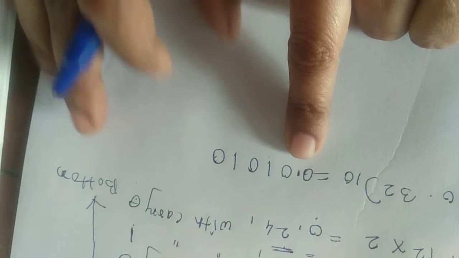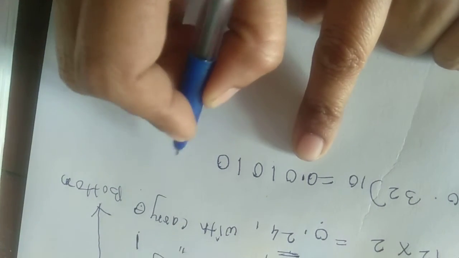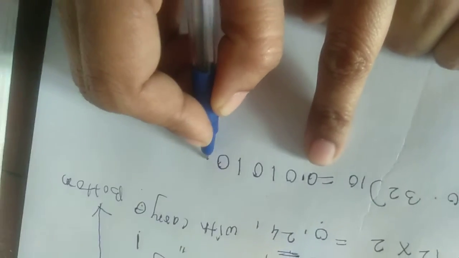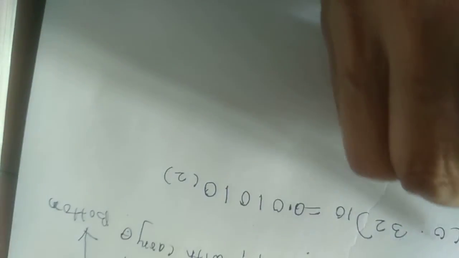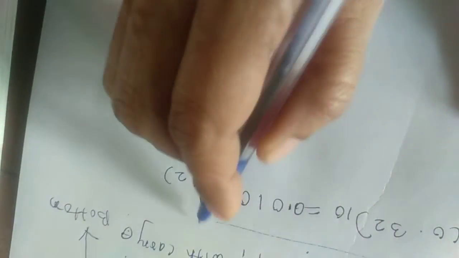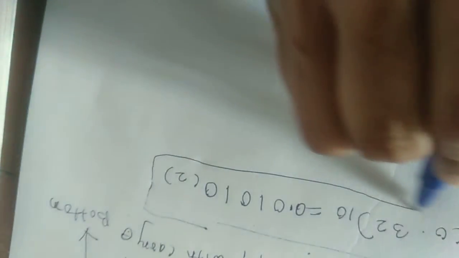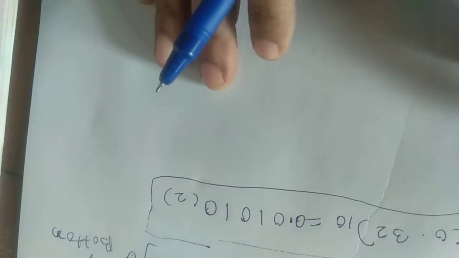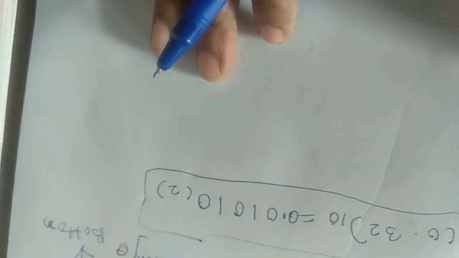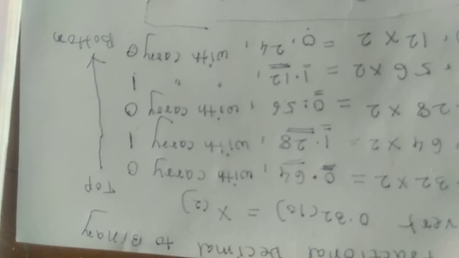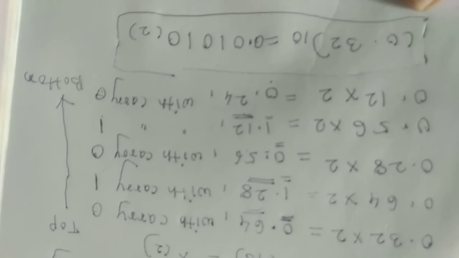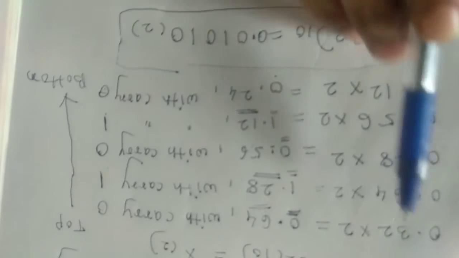So I will write the point again, and since the required answer is in binary form, I will enclose this in brackets. So this is the method of converting fractional decimal to binary.